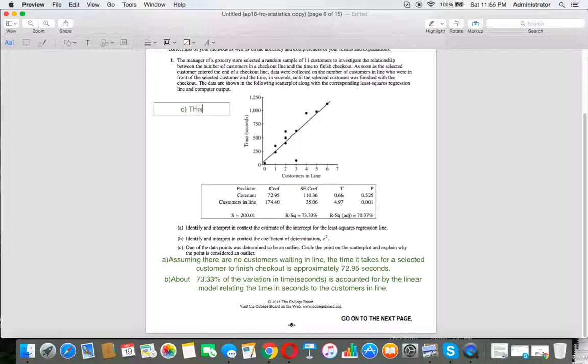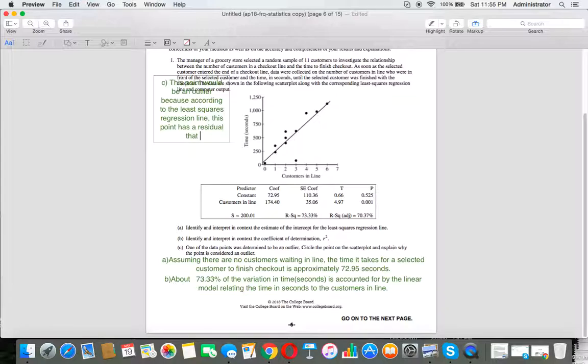So this point would be an outlier because according to the least squares regression line, this point has a residual that, and remember, residual is y minus y hat, and we know that y is the actual value and y hat is the predicted value.